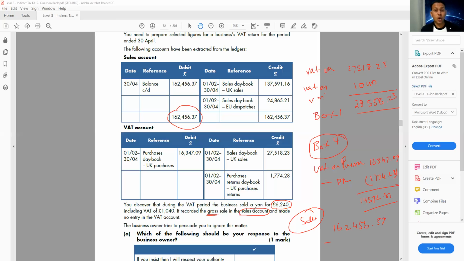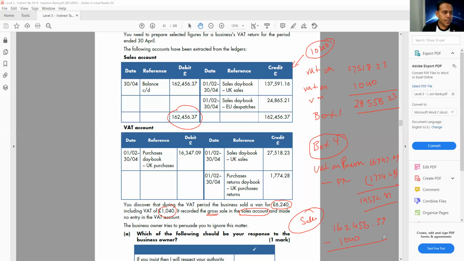And the question said mistakenly these sales were included as gross in the sales account. In the sales account, we only record the net. In the sales account, we never add the VAT. But that was a mistake. 1040 was somehow included in the sales as gross. So we have to minus it. That is VAT, that's not actually a sale. Minus this one, 1040. And that will give me how much is the actual sale.